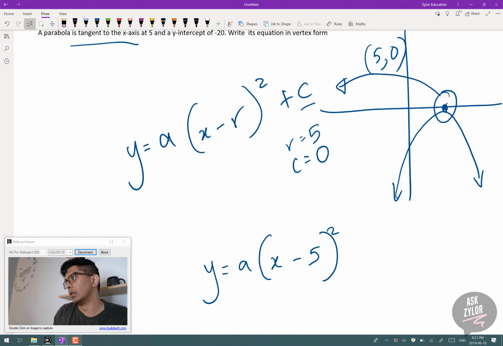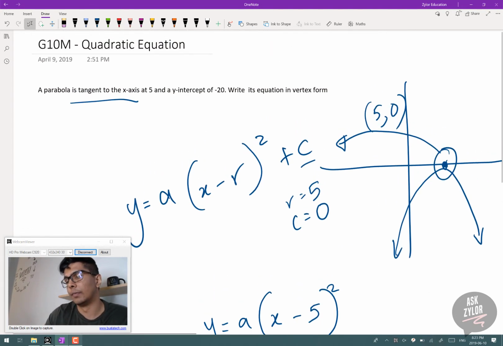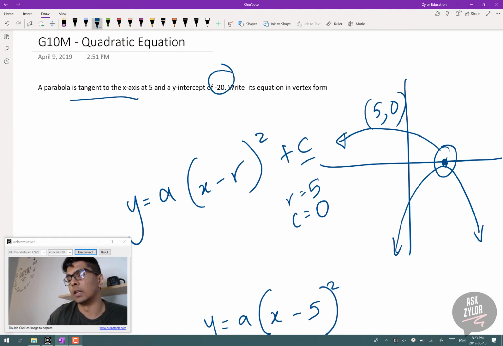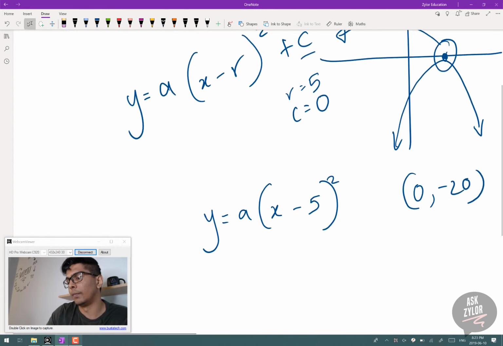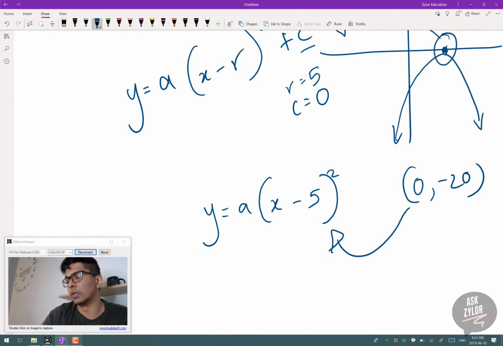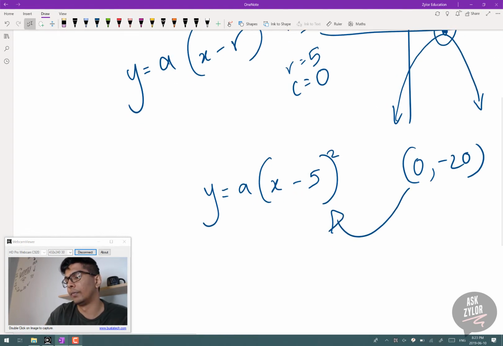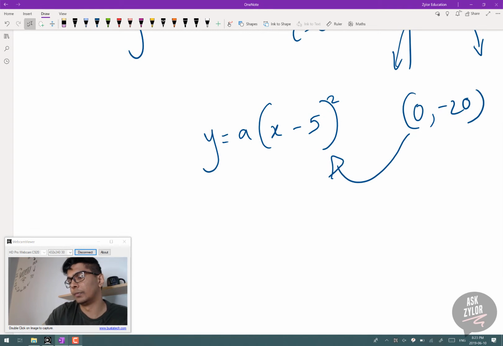Okay, so I need to find the a value. They've told me another point, which is (0, -20), because that's my y-intercept. So what I can do is just plug in these 2 points to find the a value. So I'm going to plug in -20 for my y, 0 for my x, so a times (-5) squared.